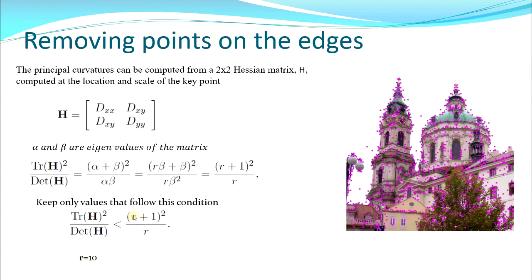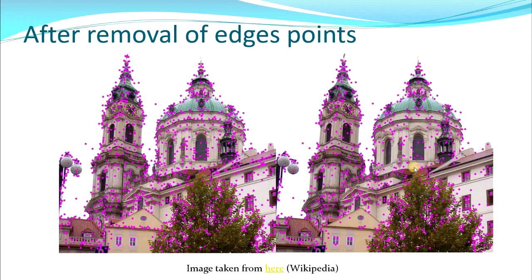If you put R equal to 10 into this formula, all those pixels that follow this criteria are kept, and those that don't follow it are removed. Any pixel that is on the edge will not follow this criteria and will be discarded. So after removal of edges, you get a value like this.